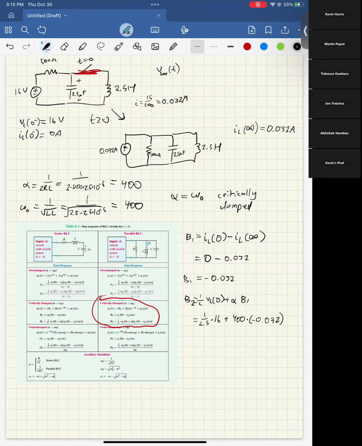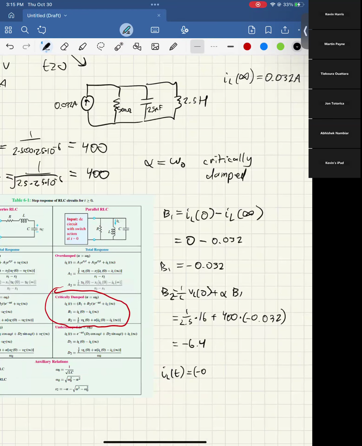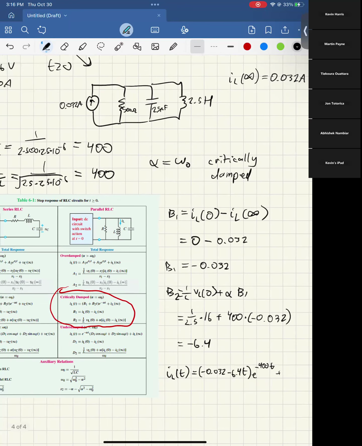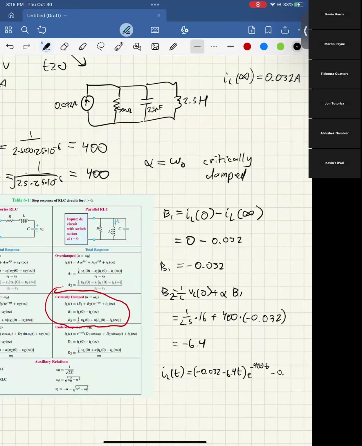IL of t equals B1 plus B2 t, so negative 0.032 plus B2, so I'll write it as minus 6.4t, e to the negative 400t, right? Because that's alpha, plus IL of infinity, which is in that case going to be minus 0.032. And that would be amps for time is greater than or equal to 0.